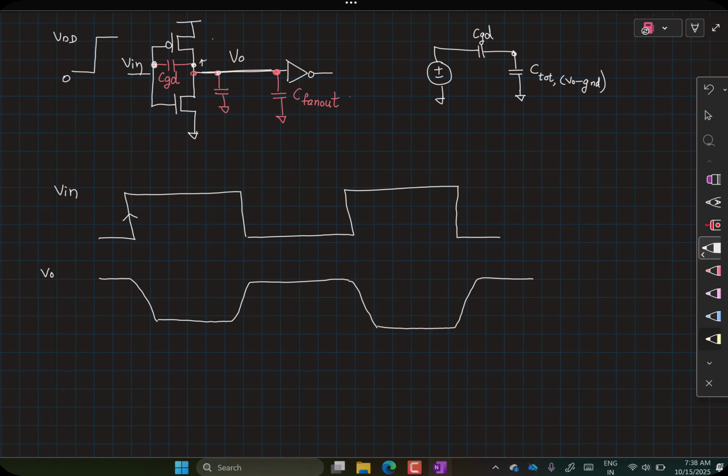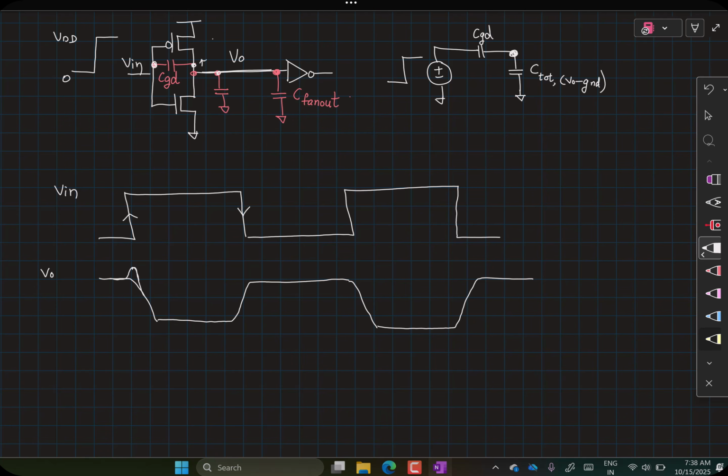Now you can model it like this, and at the instant at which you have a rising edge here, you can calculate how much overshoot you expect to see here. It depends on the relative values of the CGD and this C total between V0 and ground. Corresponding to this, you'll see that overshoot appearing here, and then the transistors will kick in and your signal will fall down, right?